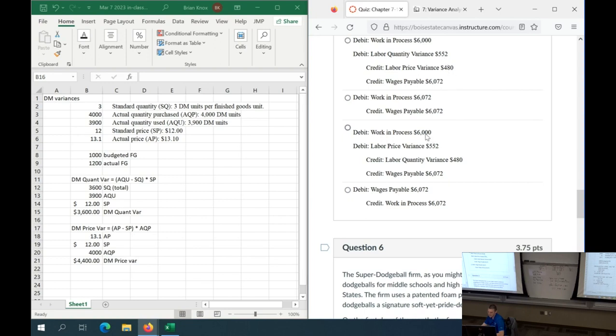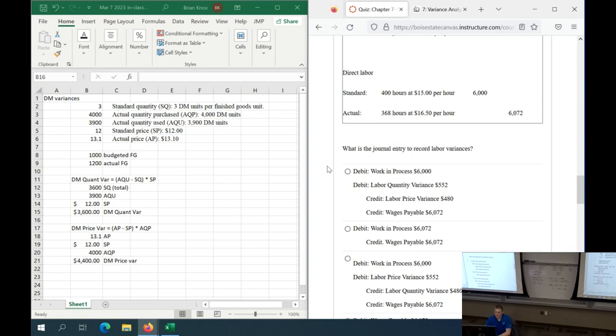So it still balances just fine. 6,552 worth of debits total, and it should be 6,552 of credits as well. So I've just swapped these two words. We've got to figure out which one of these is accurate.